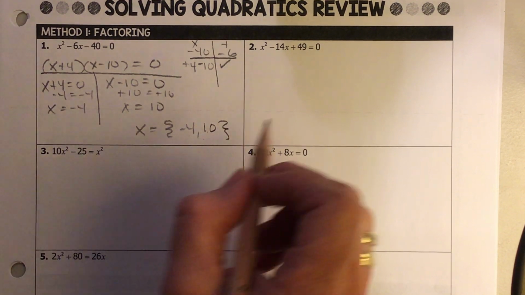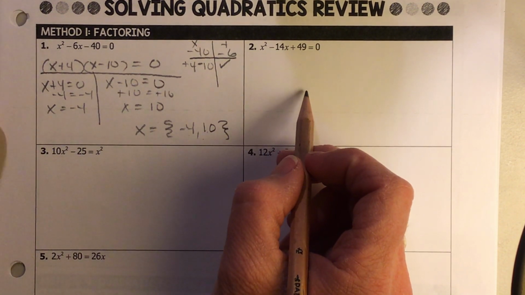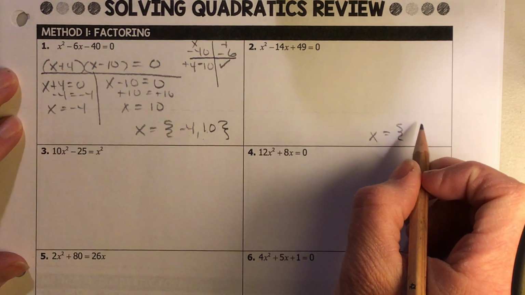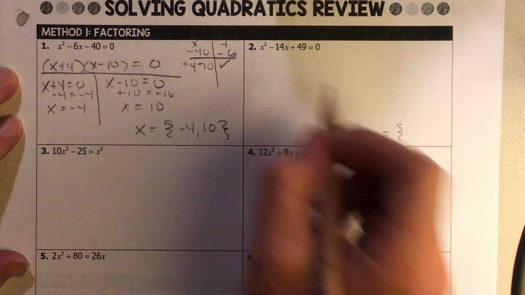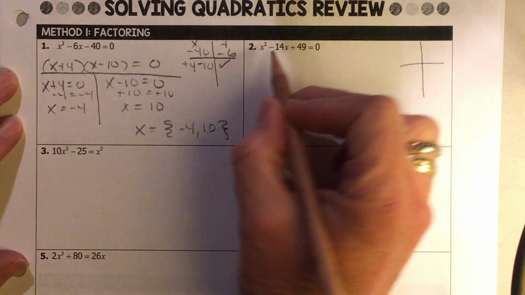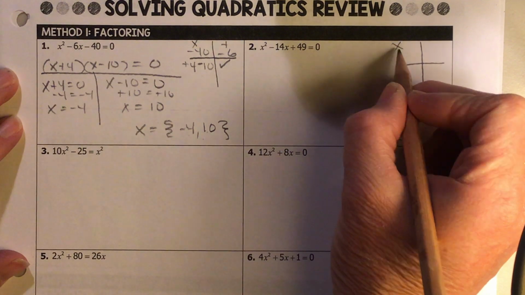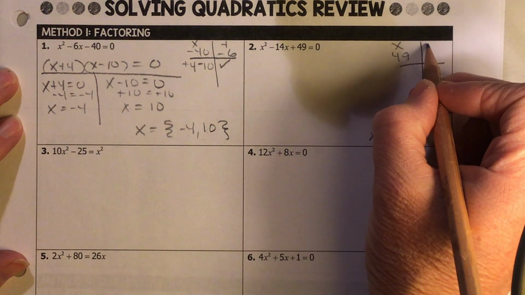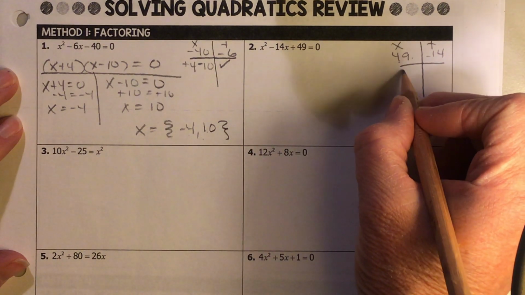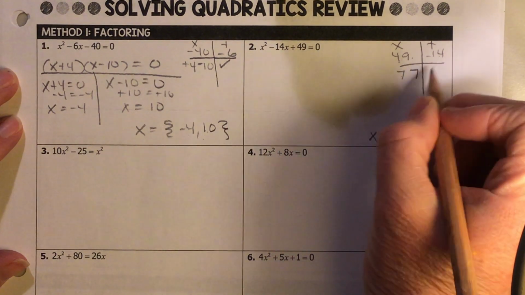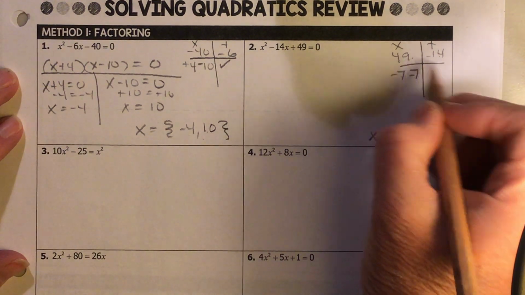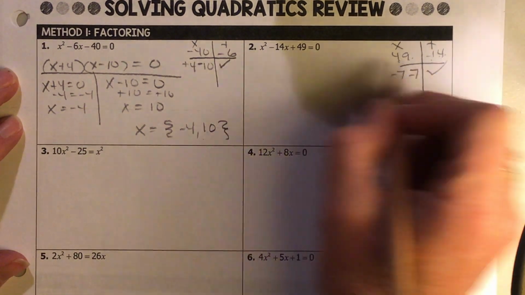Sweet. Number 2, I can just tell you the answer right now. Oh, this is kind of an interesting one, so maybe I should just do it. So if you do the product sum game, because this is another basic trinomial, you want to multiply to 49, combine to negative 14. 49 is a square number, 7 times 7, but it's going to be 2 negative numbers that yield you 49, but I'm also going to subtract them, so that's going to win.